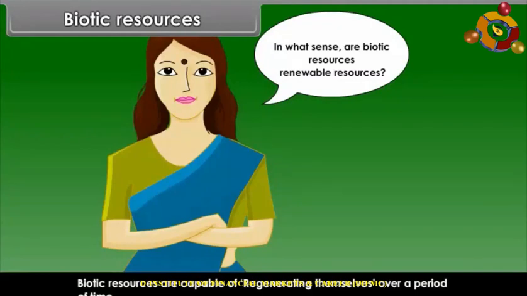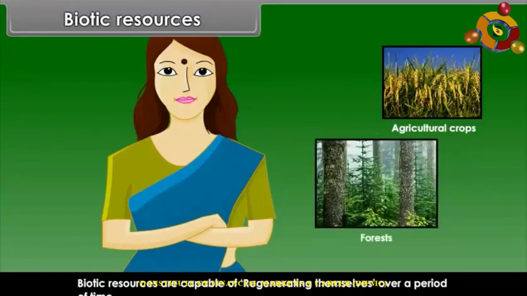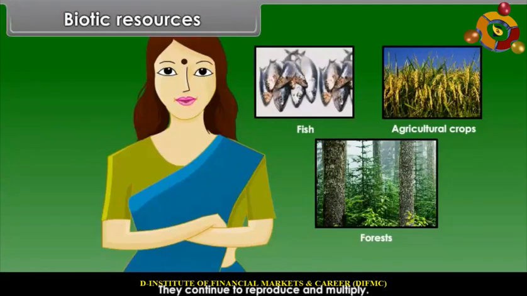Biotic resources are capable of regenerating themselves over a period of time. For example, agricultural crops, forests, fish, etc. They continue to reproduce and multiply. In this sense, the biotic resources are renewable.